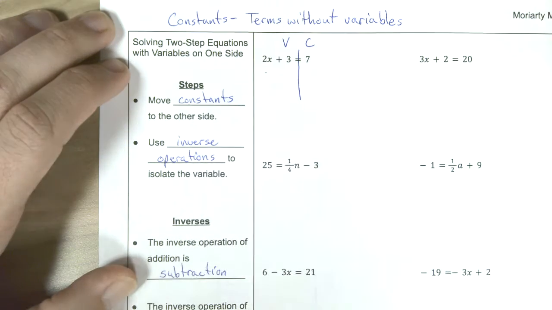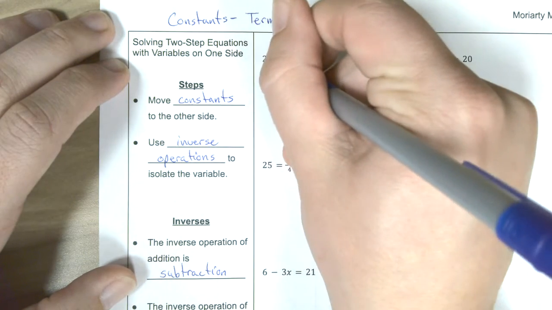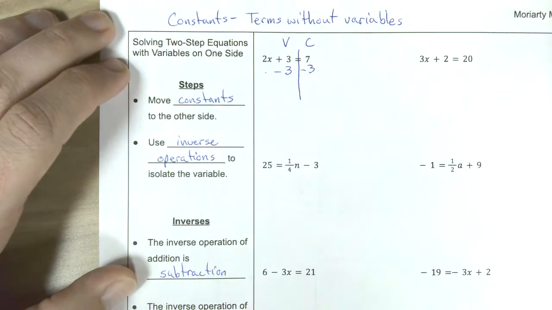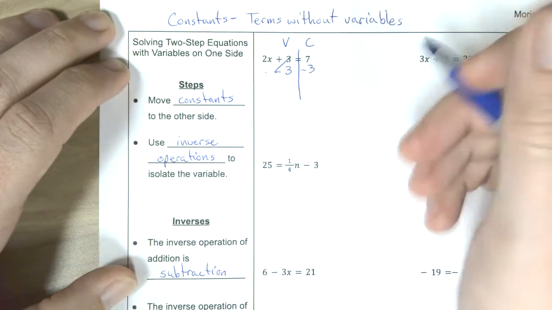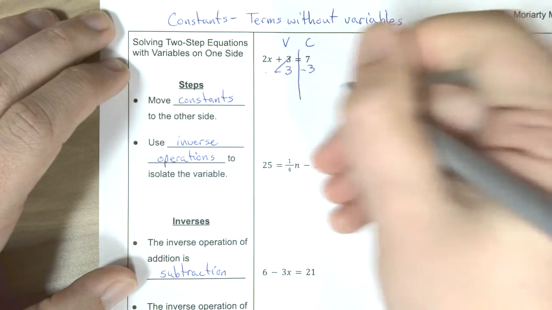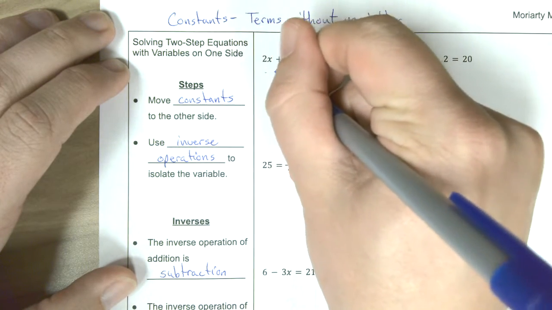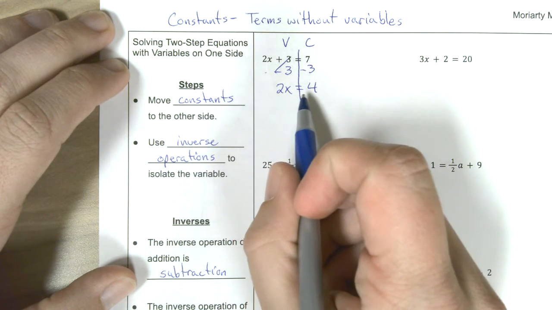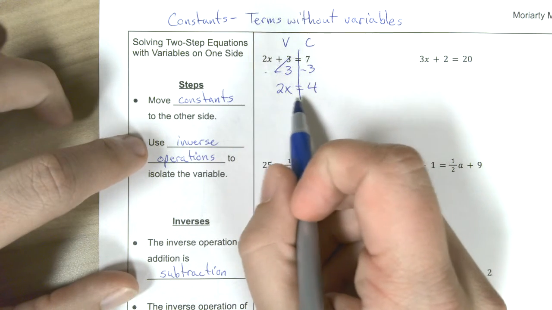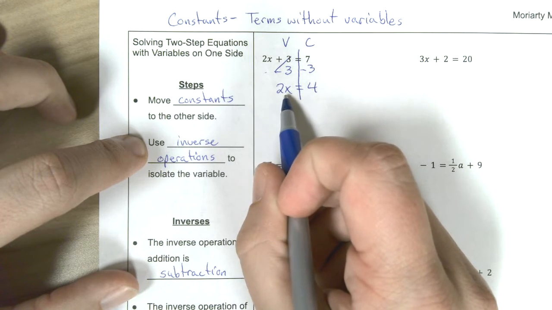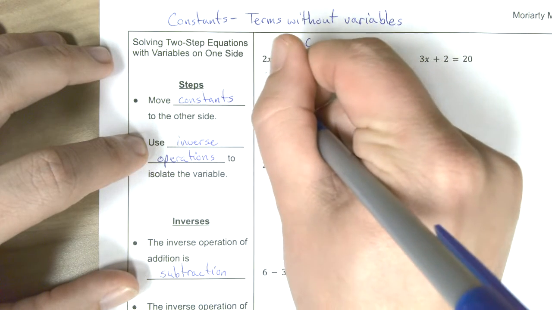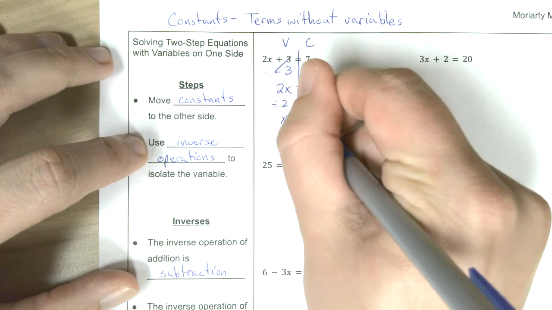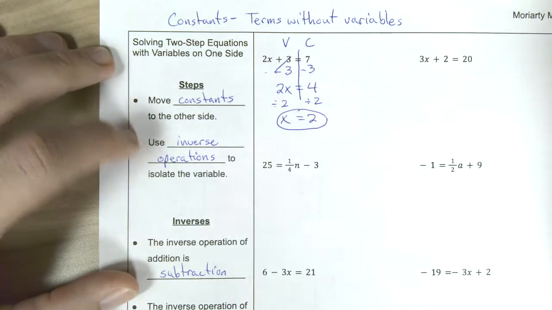The inverse operation is minus, so we subtract 3 on both sides. 3 minus 3 will cancel. The only thing you have left on this side is a 2x, and then 7 minus 3 is 4. Now we have 2 times x equals 4, so use inverse operations: I'm going to divide both sides by 2 to get x equals 2, just like that.